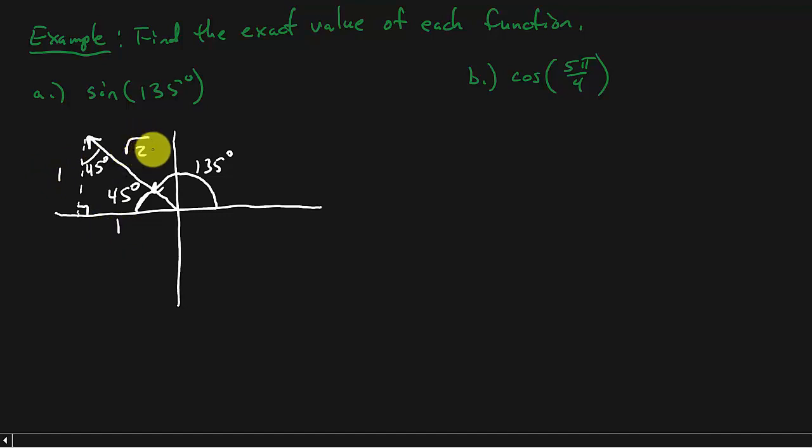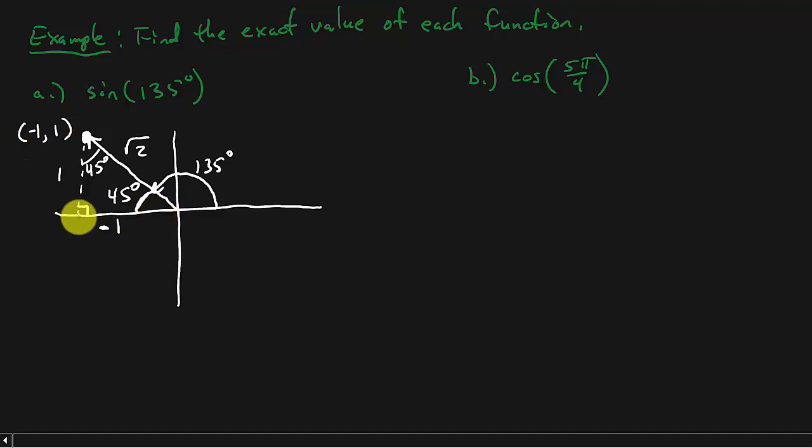Now, when you look at this, I labeled it 1, 1, and square root of 2. Well, actually, I'm coming over -1, aren't I? You see that? Because to get to this point right here, this would be the point (-1, 1), wouldn't it?